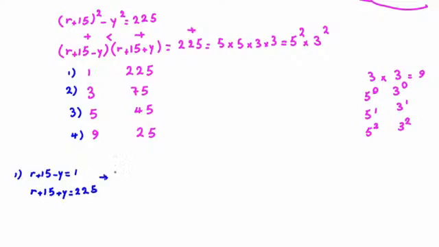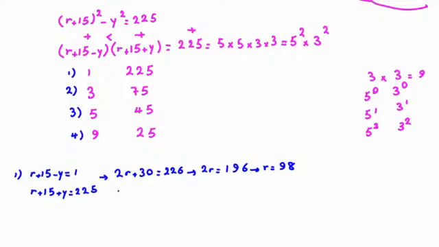Now, if we add these two equations, 2R + 30, well, negative Y and Y will be cancelled, equal to 226. So 2R, if we subtract 30, it will be 196. And R will be what? It will be 98. Okay. Now Y will be what?